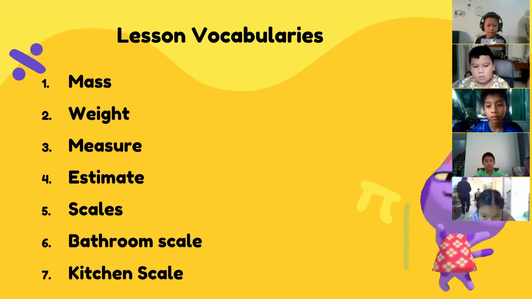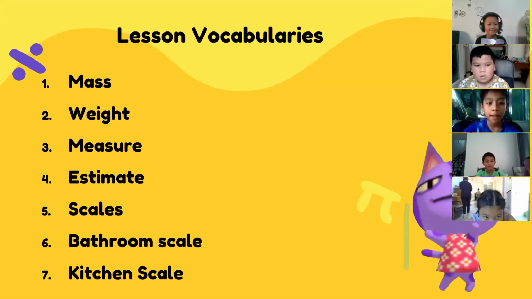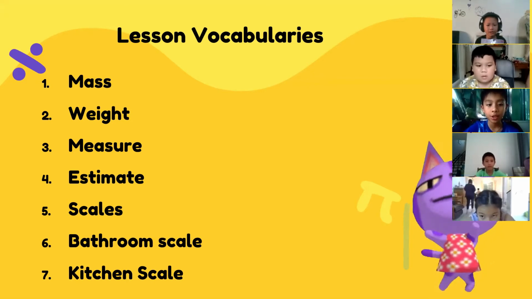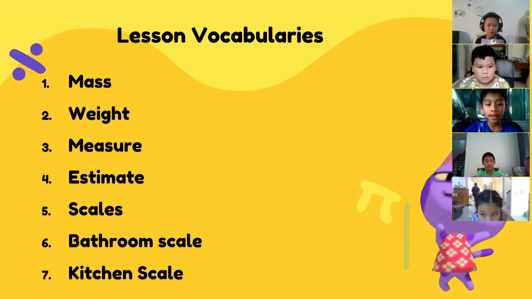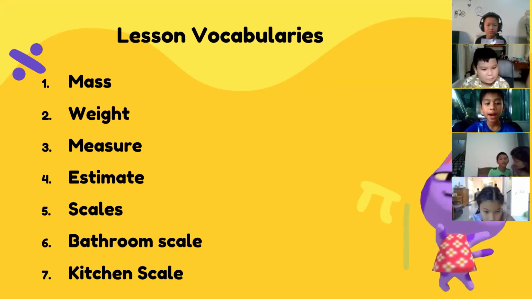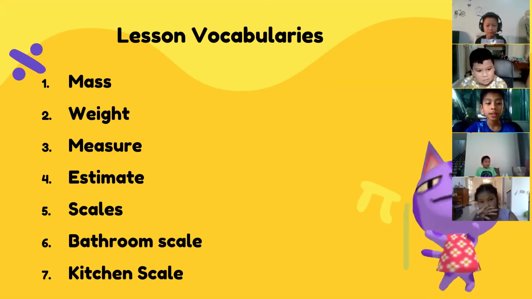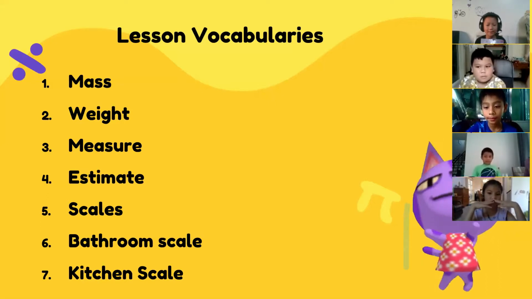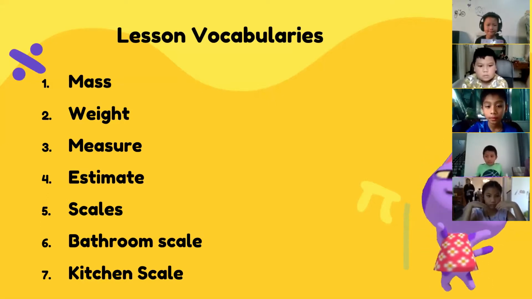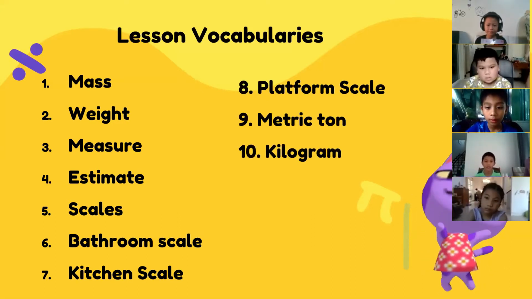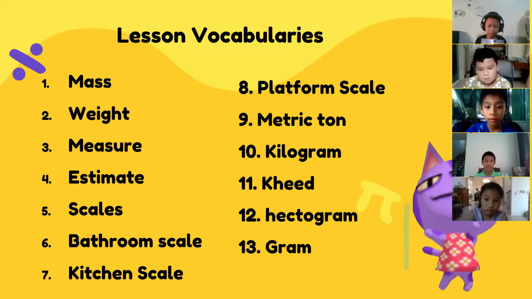Read them. 1, 2, 3, go. Mass, weight, measure, estimate, scales, bathroom scales, kitchen scales. Very good. Now we will have another student read 8, 9, 10, 11, 12, 13.